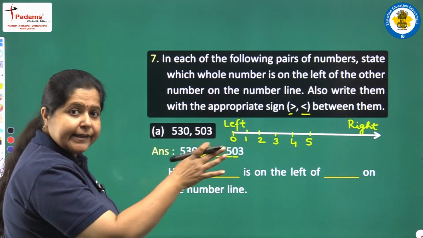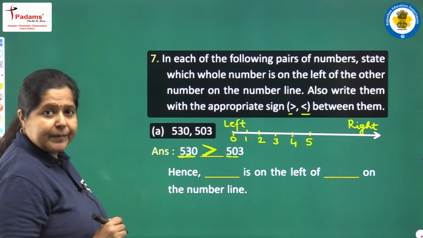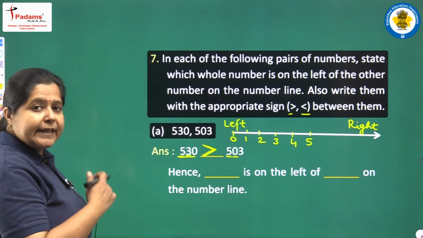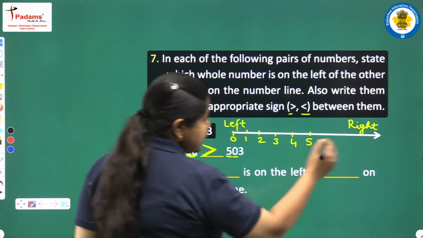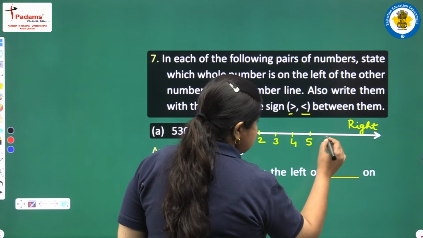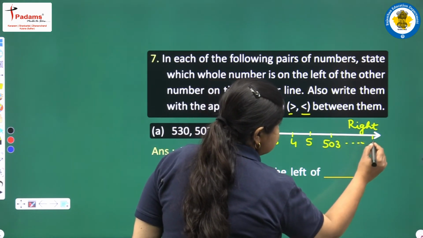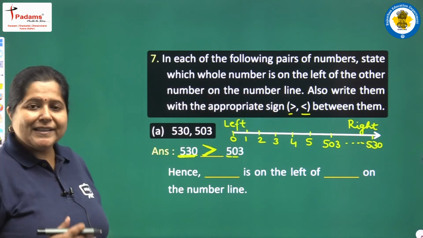They are in the increasing order. So, now when we compare these two numbers, the number which is smaller will lie to the left of the number which is greater. Clearly on the number line, somewhere in between, 503 will come first, and moving on 530 will come somewhere later on the number line.